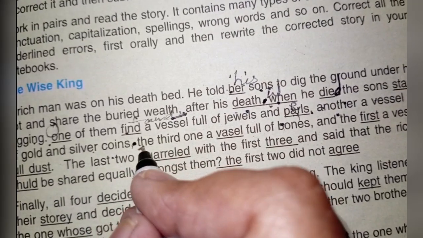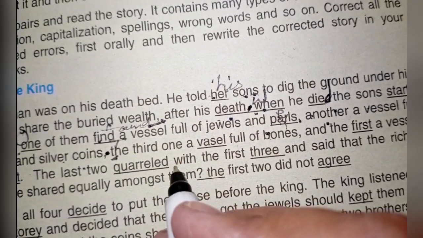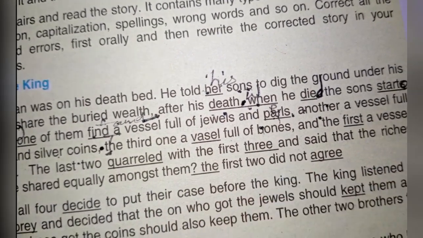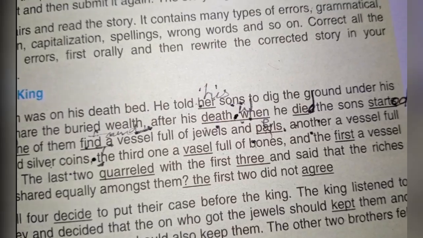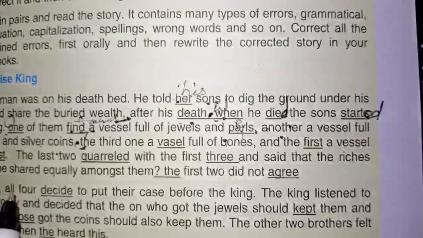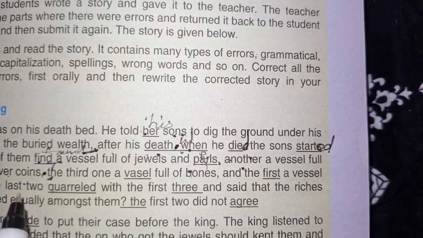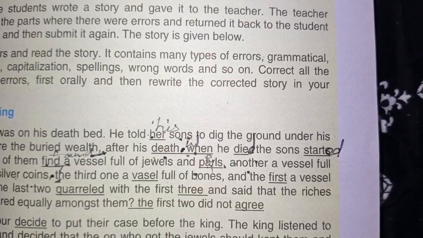So now the fresh line will be capitalized, the third one, a vessel full of gold, and the third line, as you are looking here, full of dust.